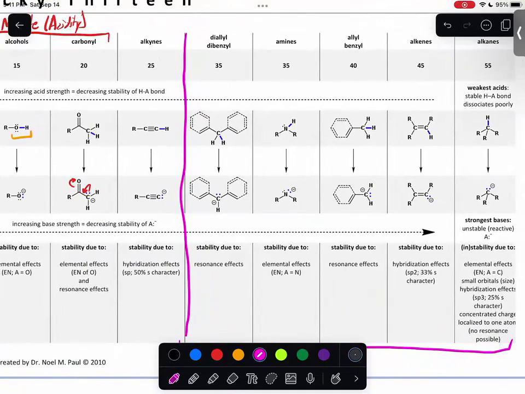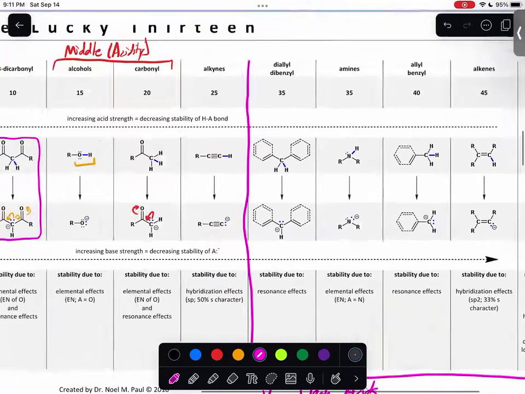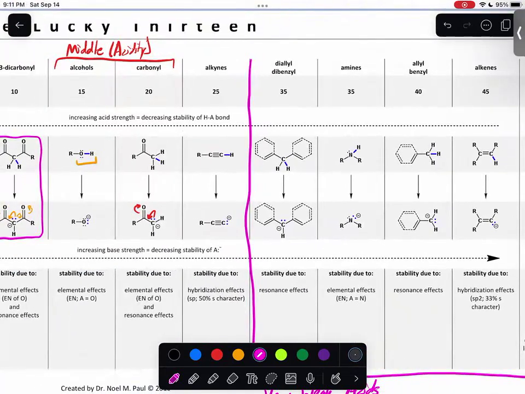We have amines. So notice how whenever we talked about electronegativity in the past and we looked at alcohols and amines, notice that alcohols sit at 15, amines sit at 35, right? So neutral nitrogen is a bad acid, right?